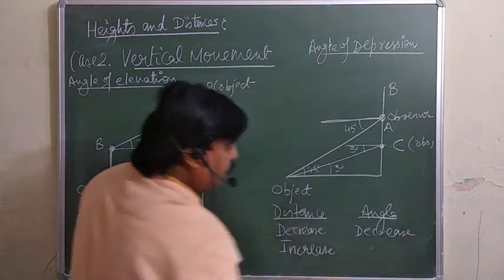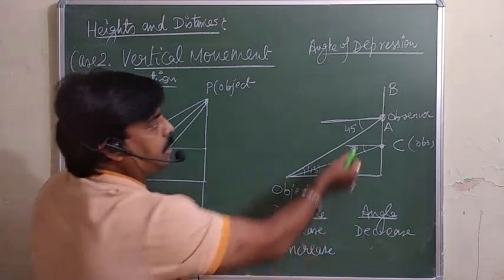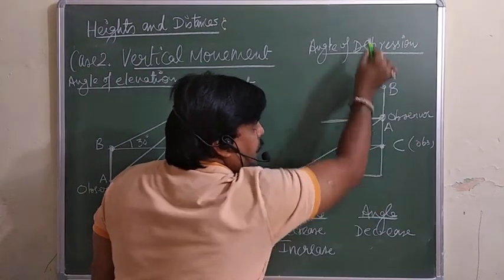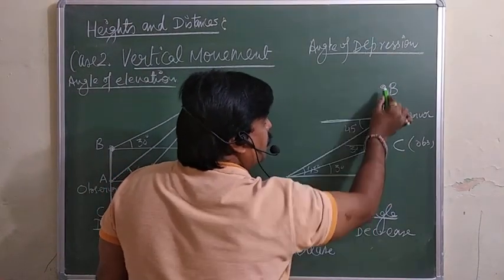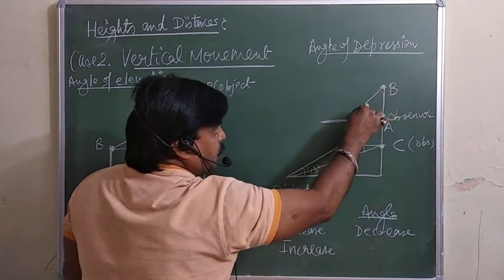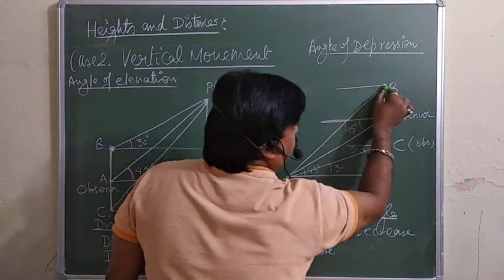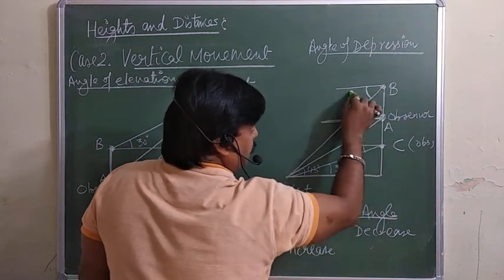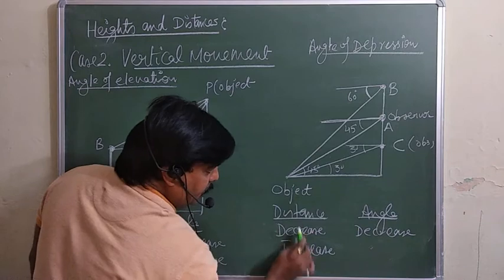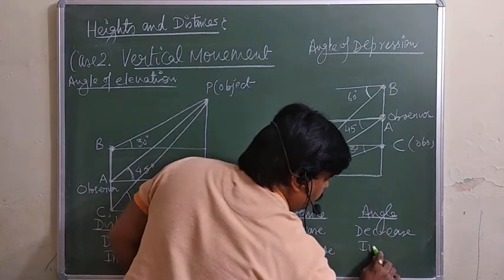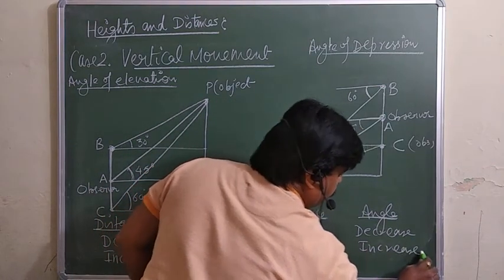So distance is going to decrease, angle will also decrease. Now your position is here, up down हो रहे, observer is going up and down. Now here, the distance between the observer and object is going to increase. This is your depression angle. Definitely it will increase. So if the distance is going to increase, then angle also increases.